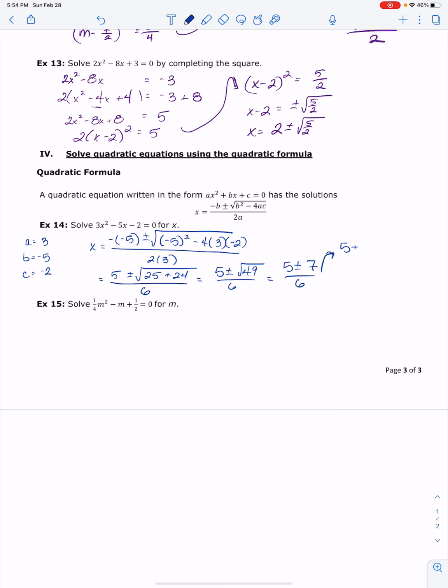I get 5 plus 7 over 6. 12 over 6 equals 2. And then we've got 5 minus 7 over 6. -2 over 6 equals -1/3. Because we're getting rational solutions here, we could have factored that.